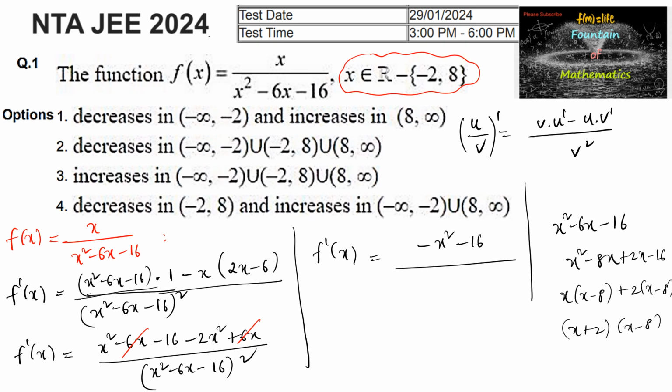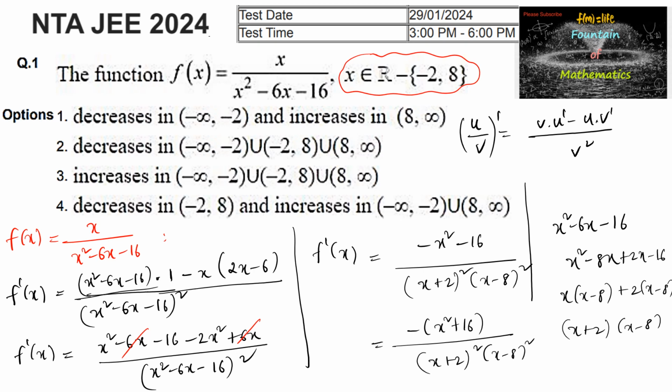So we can write in the denominator x plus 2 into x minus 8 whole square, which can also be written negative of x square plus 16 upon x plus 2 whole square into x minus 8 whole square.